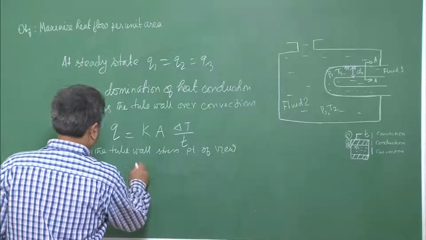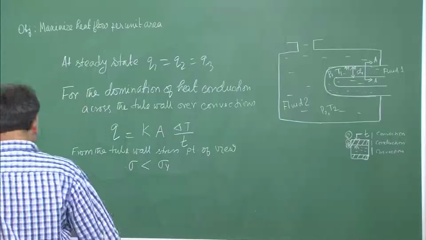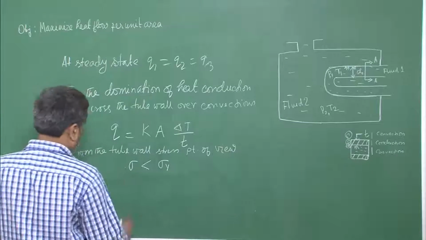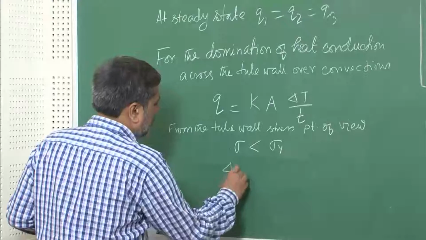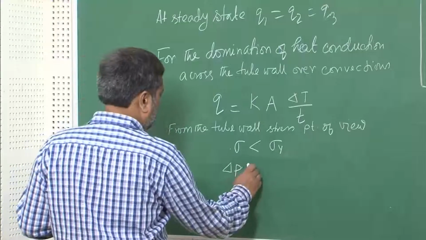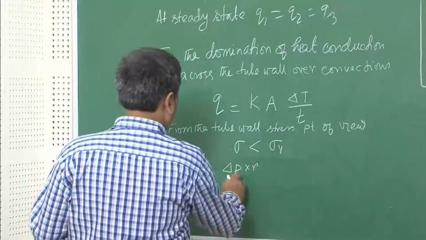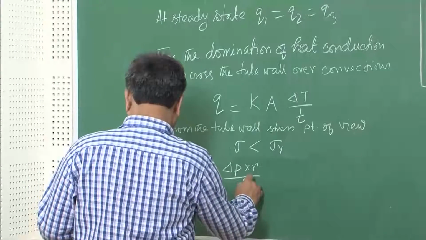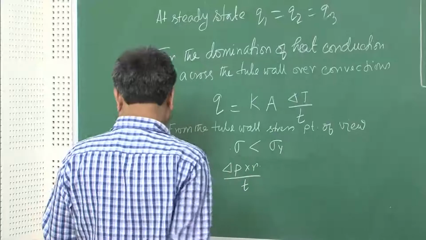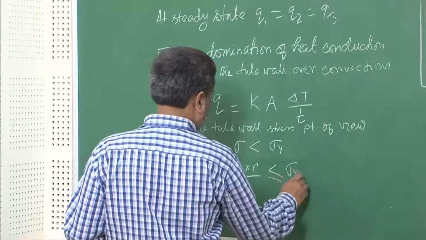we can write that sigma has to be less than sigma y, and what is the stress here? That is delta P, the pressure difference, times R, the radius of the tube, divided by T, that has to be less than or equal to sigma y.